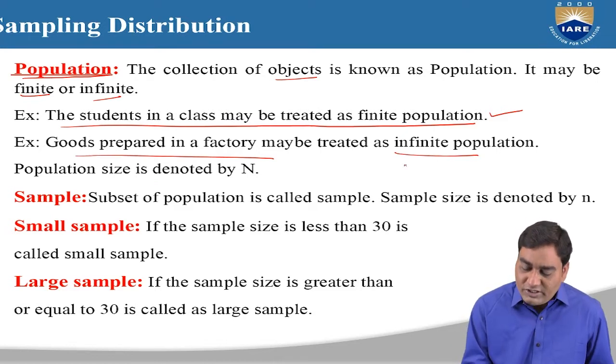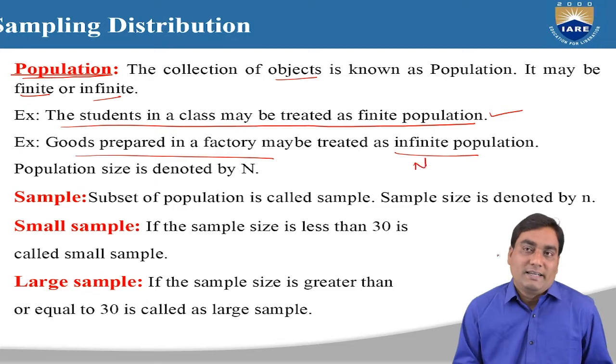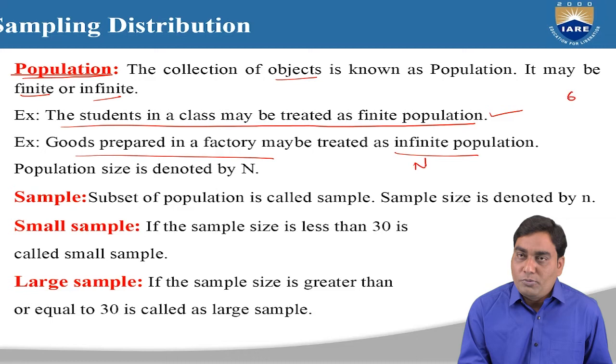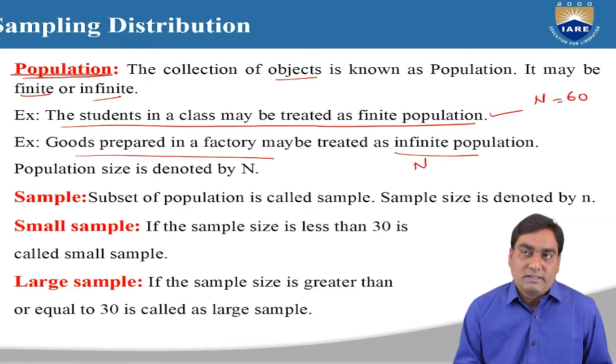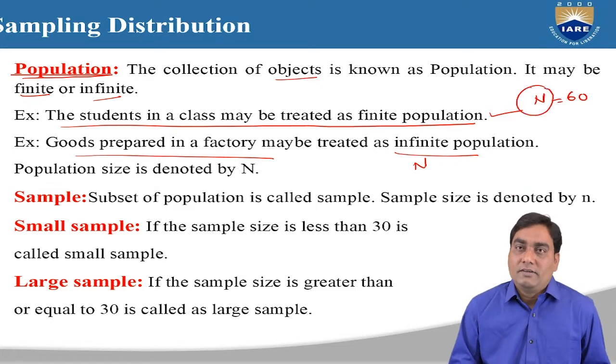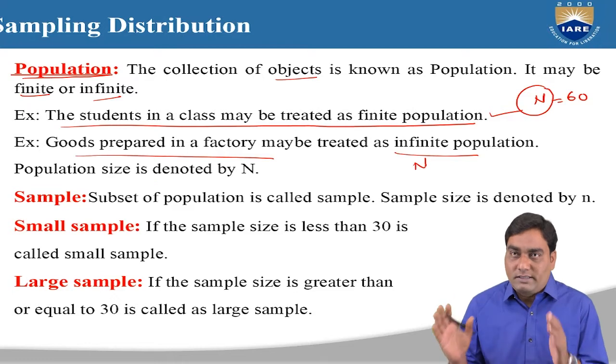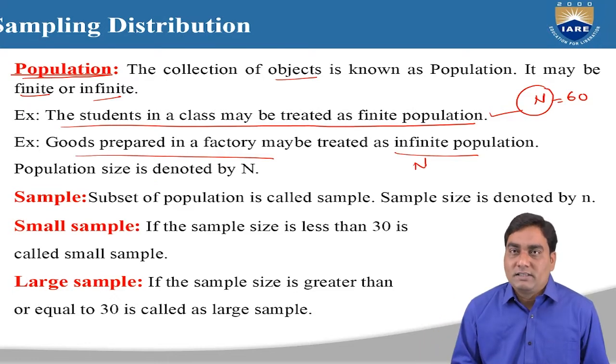Generally, the population size is denoted by capital N. Suppose the students in a classroom are 60 members. So we can denote it with capital N equal to 60. So finally, we can conclude that the collection or group or set of some objects is known as population.